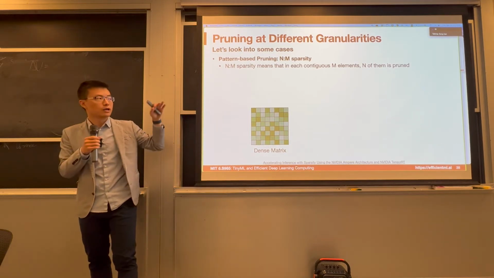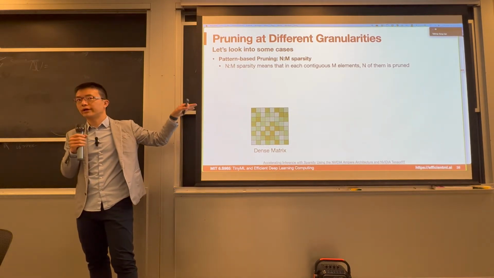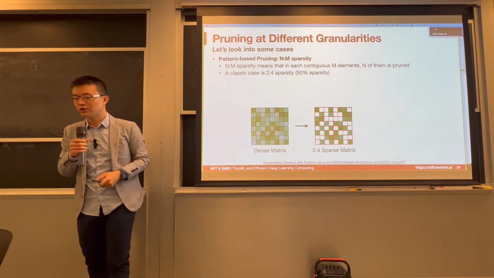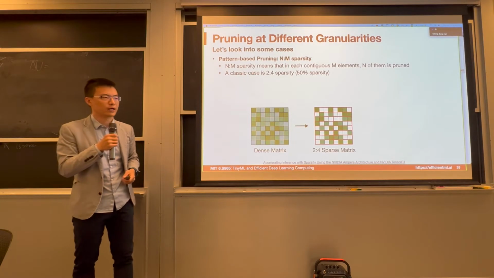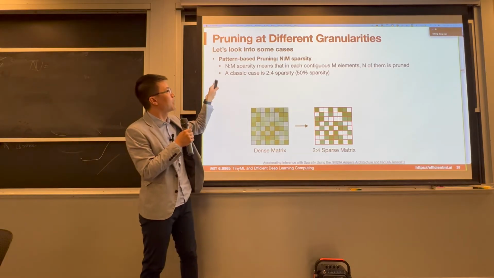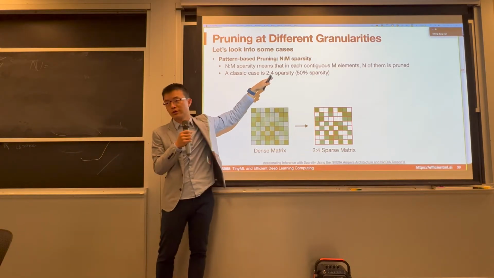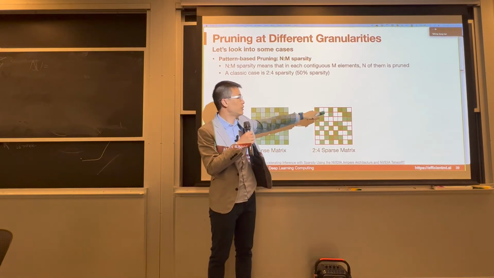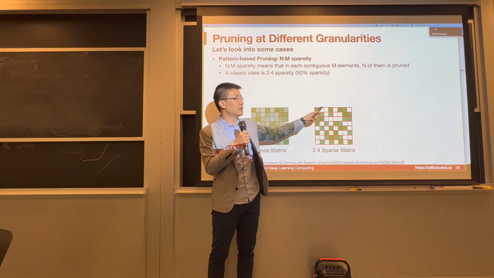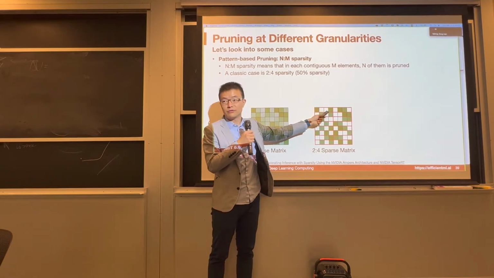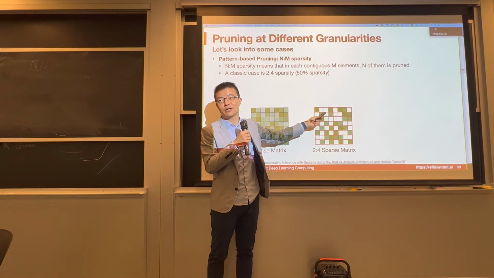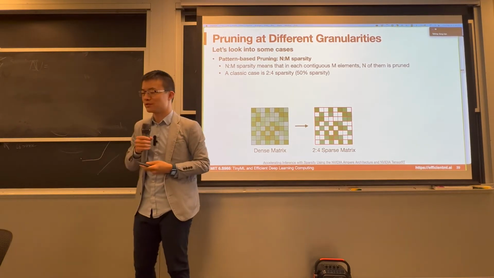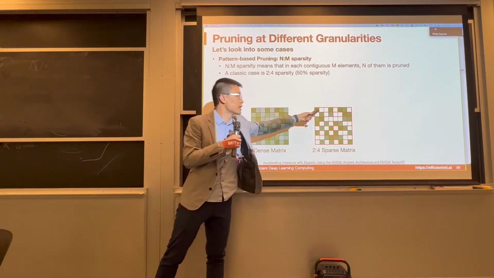This appeared in roughly 2020, a very modern technique available in A100 GPUs and other Ampere GPUs, supporting 2 to 4 sparsity. What is 2 to 4 sparsity? For every 4 elements, 1, 2, 3, 4, 2 of them have to be 0. You can have 3 zeros, but at least 2 of them have to be 0. So this is 2 to 4 sparsity.